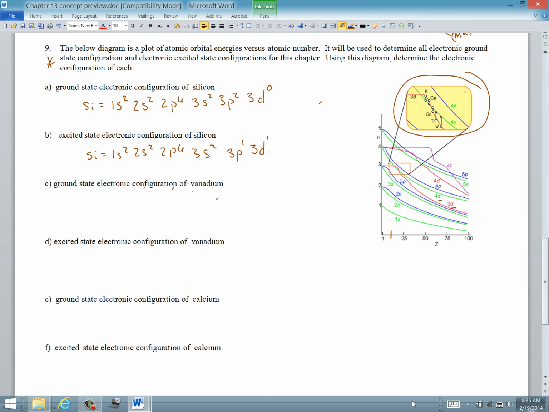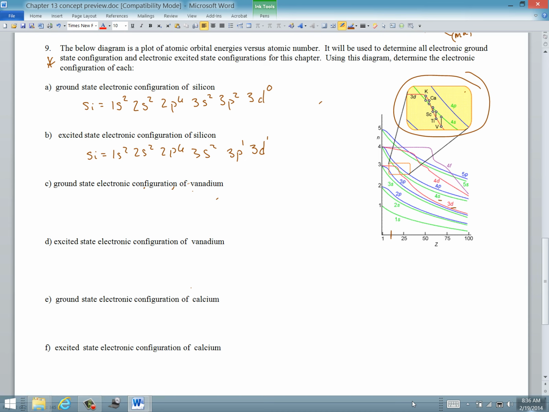So for the excited state for D, I'll tell you, 3D3, because the graph is 3D, and then it goes to 4s2. Wouldn't you have 3D5 for the ground state? Yeah, you have 3D5 for the ground state.